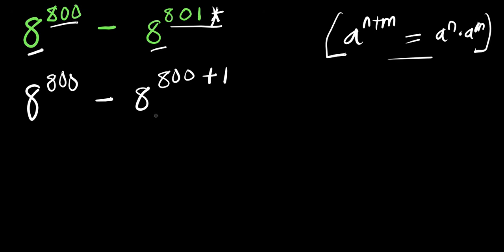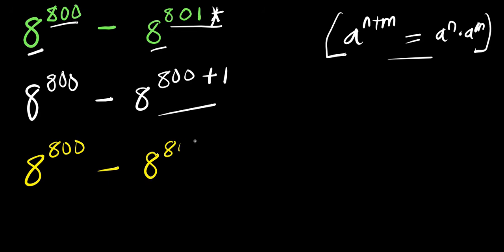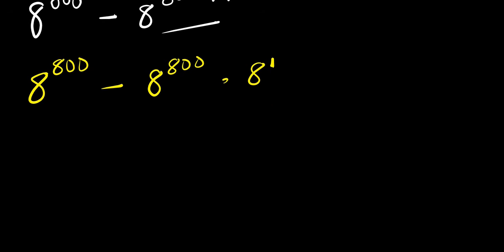Applying this identity here, we are going to have 8 to the power of 800 minus 8 to the power of 800 times 8 to the power of 1. Now, at this point, I can factor out 8 to the power 800 because it appears here and here.